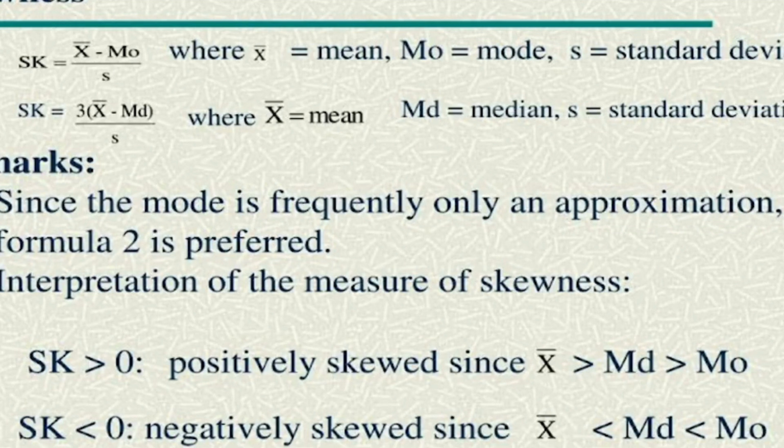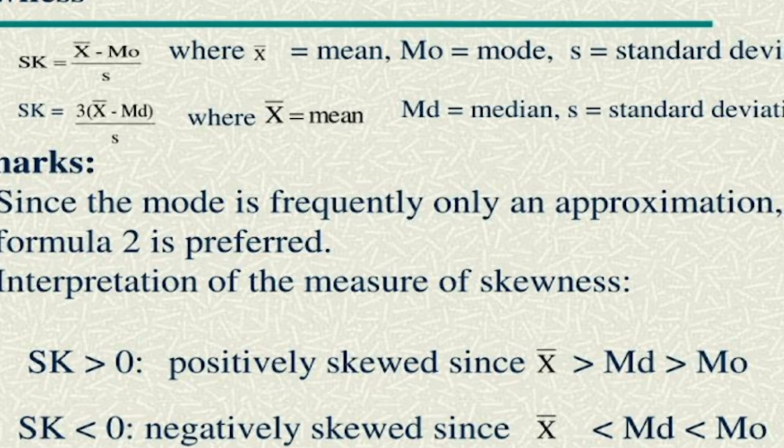In skewness, the coefficient Sk can be solved using a formula: Sk equals the mean minus the mode, over S, where S is our standard deviation. We also have another formula wherein skewness is equal to 3 multiplied by the quantity of mean minus median, over standard deviation.